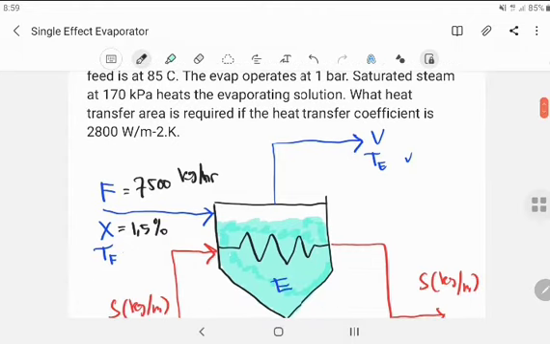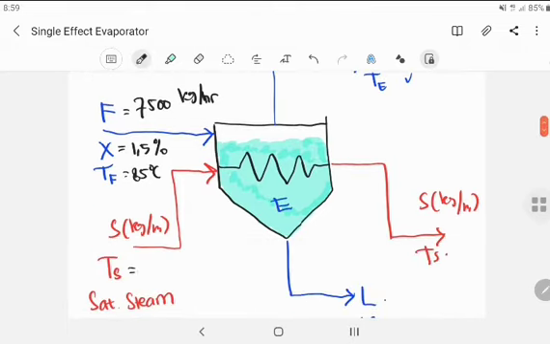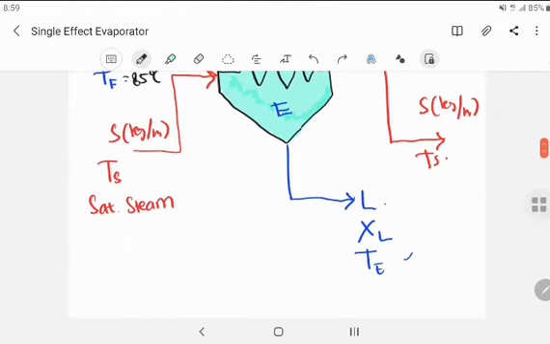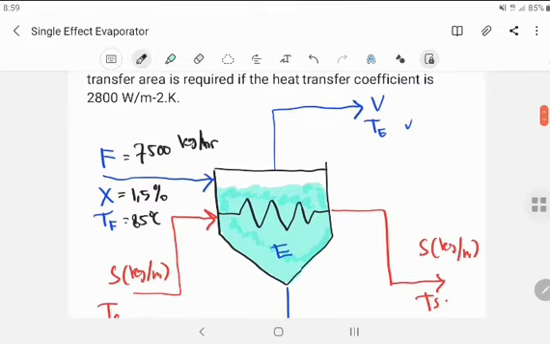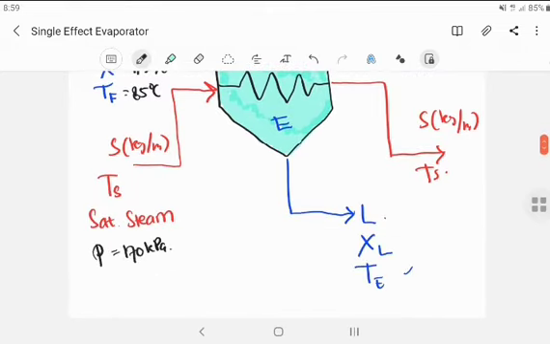The feed itself enters at 85 degrees C, and the saturated steam has a temperature of 170. Oh, sorry, not temperature. What we know in here is the pressure. The pressure, and the fraction of the solid in the liquid is 4%.